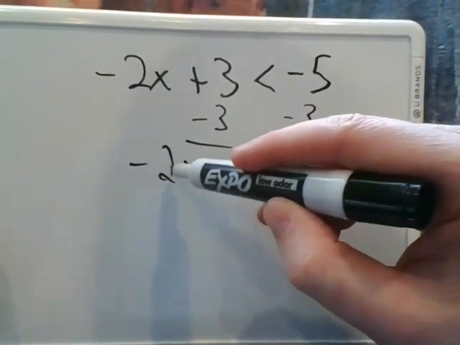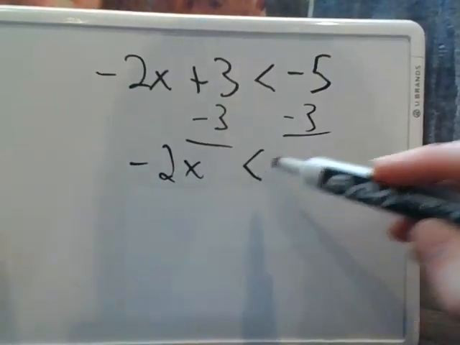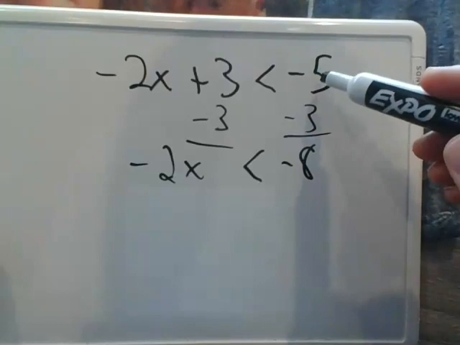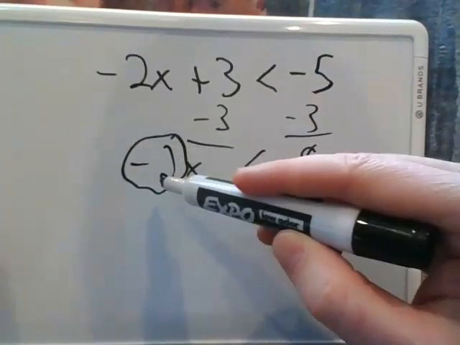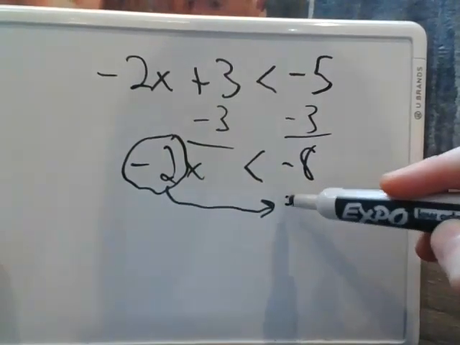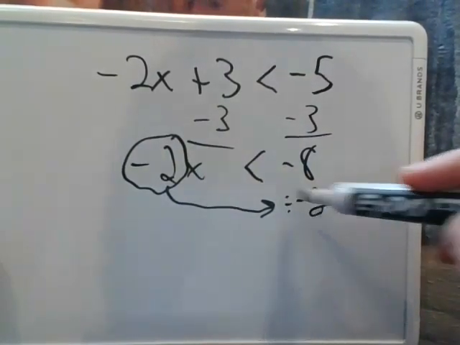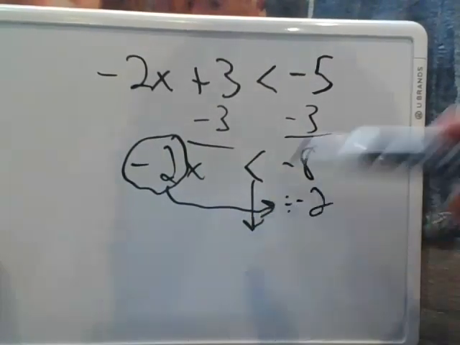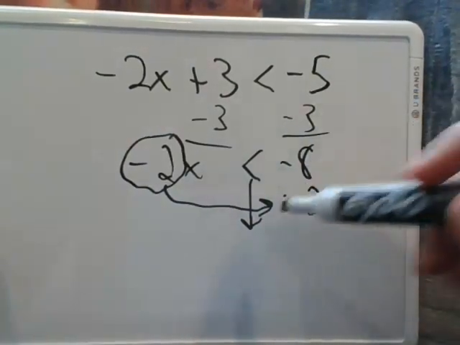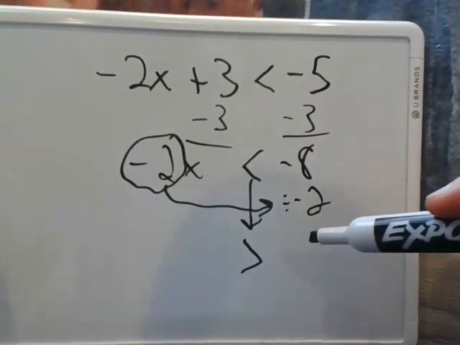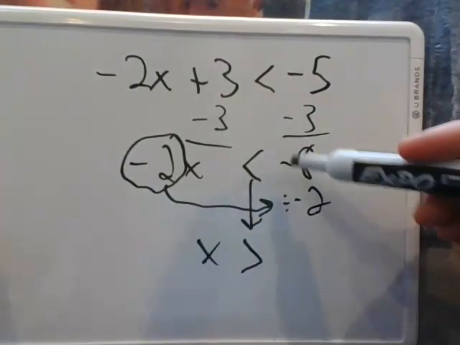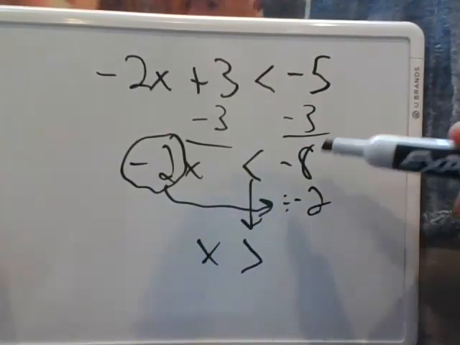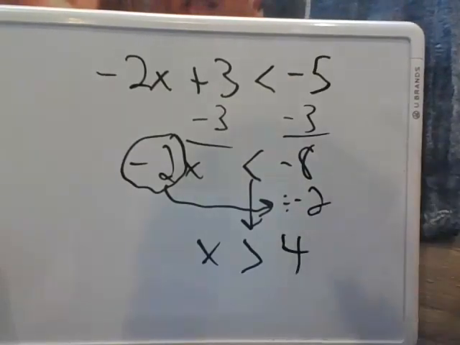Negative 2x less than negative 8. Negative 5 minus 3 is negative 8. Divide by negative 2. Because we've divided by a negative, our inequality flips. So x, now greater than, negative divided by negative is positive, 8 divided by 2 is 4.